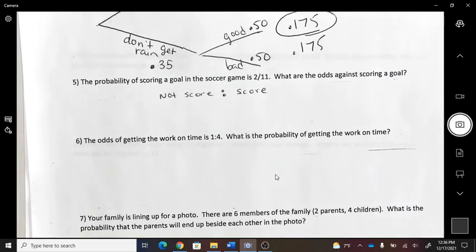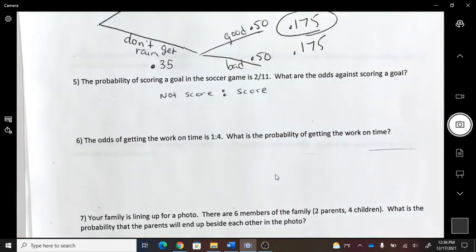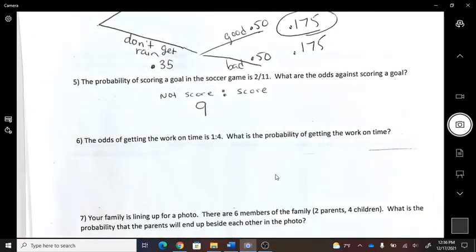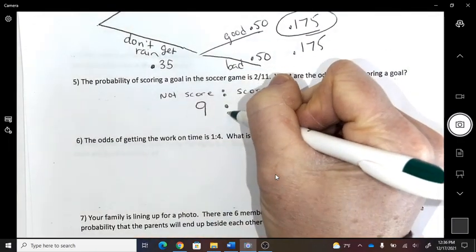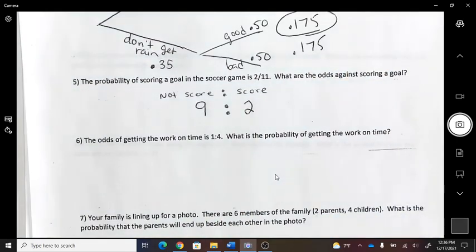So how many would we not score versus how many would we score? So Jonathan, what did you think about with numbers? I just minus 11. So you got 9 of the shots that you did not score versus 2 scores, right?